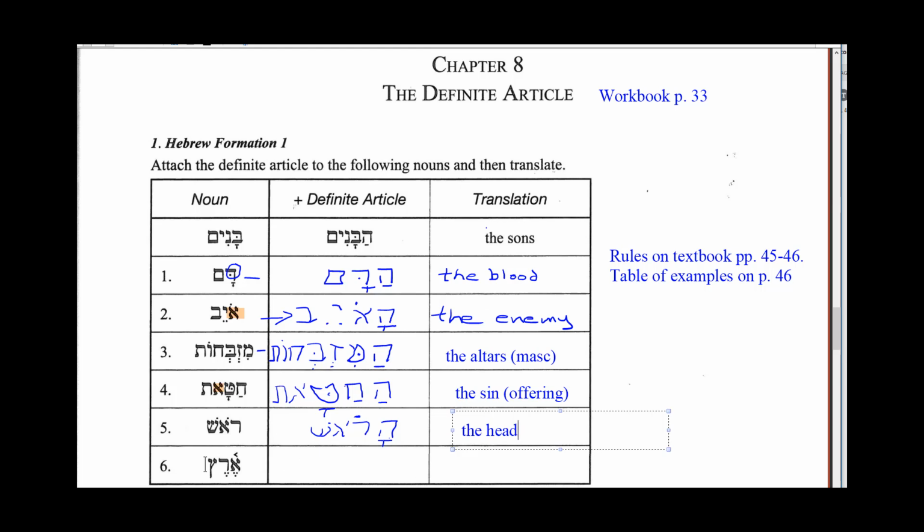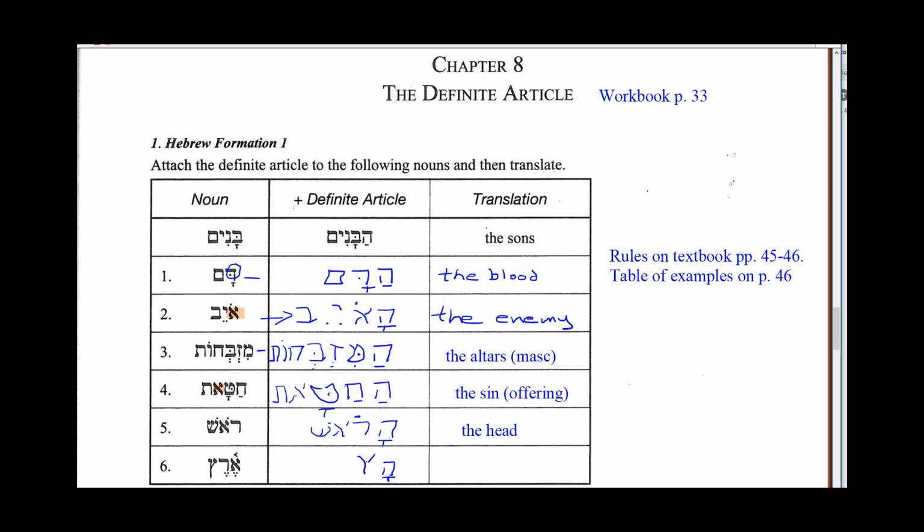The final one here is eretz. That's a word for land or earth. This is one of a handful of exceptions where both the article does something and the word itself does something. So because it's an aleph, our hey is going to lengthen that patach to a kametz, just as we saw in the one above it.